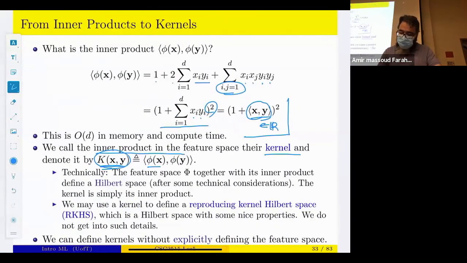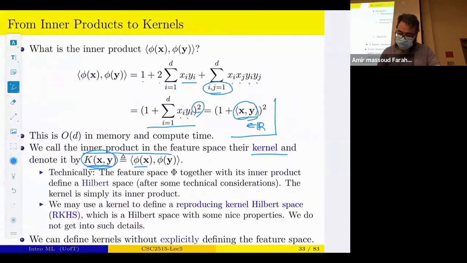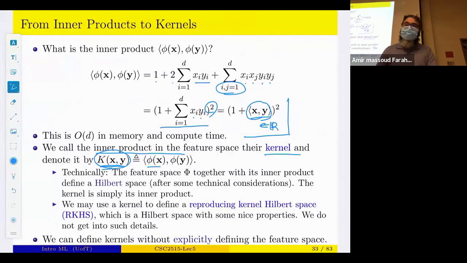And now the important thing here is that we can sometimes define kernels without defining the feature space explicitly. So we can say that the inner product in some feature space is this function k of x and y, but we don't explicitly specify the feature map.